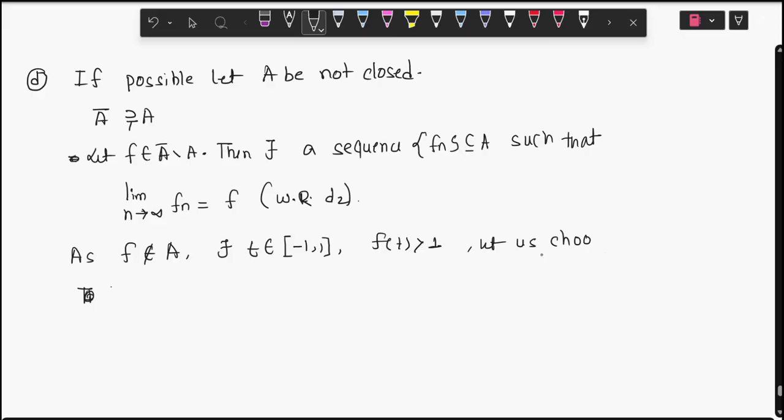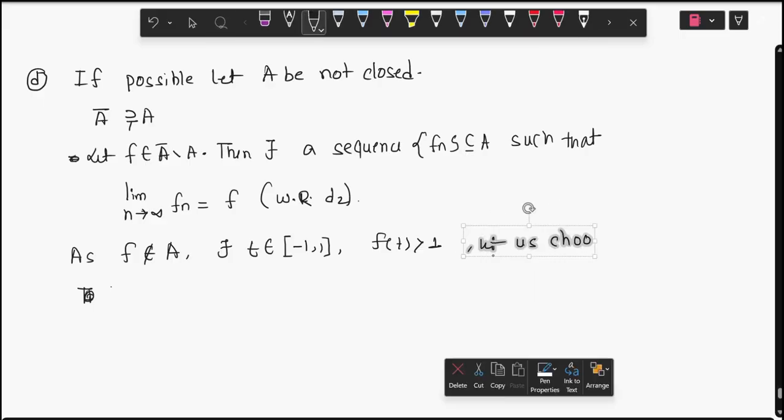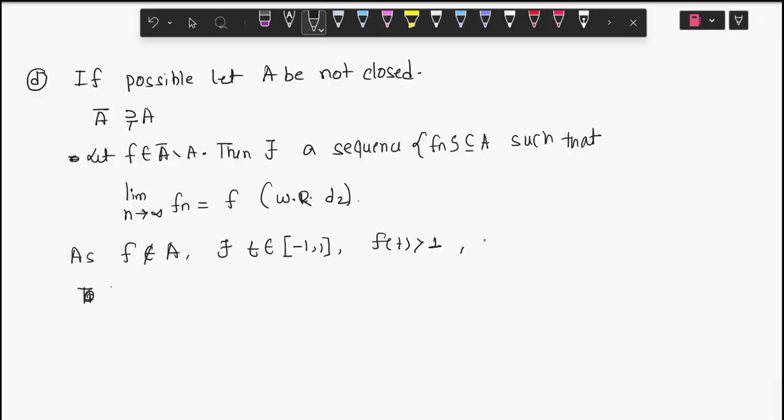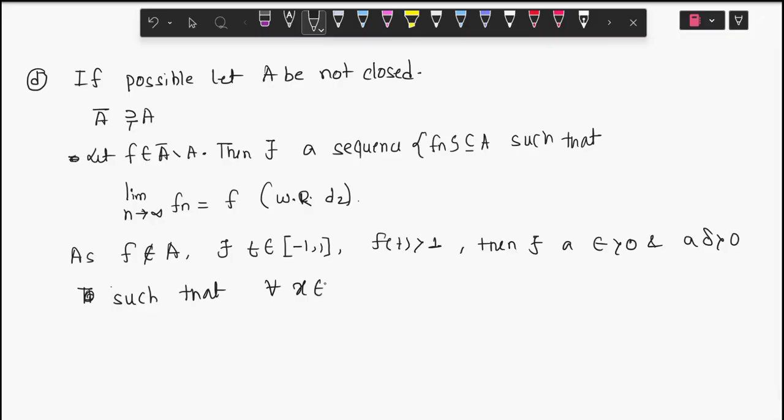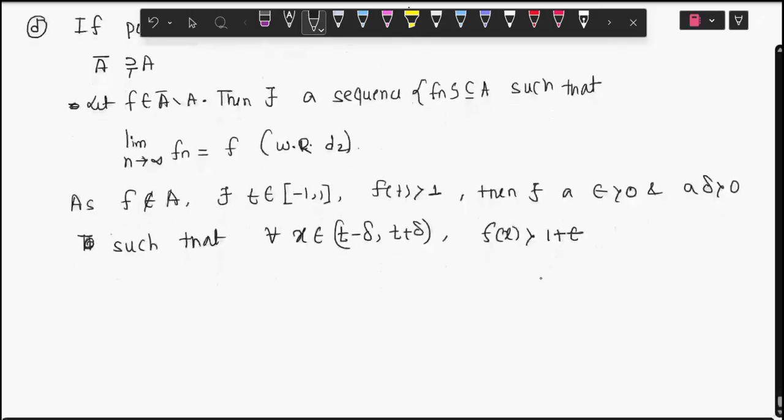Instead of that, more generally, as we have already done in the previous option, I can say there exists an epsilon greater than 0 and a delta greater than 0 such that for all x belongs to t minus delta, t plus delta, f of x is greater than 1 plus epsilon. This is always possible by continuity of f at the point t.